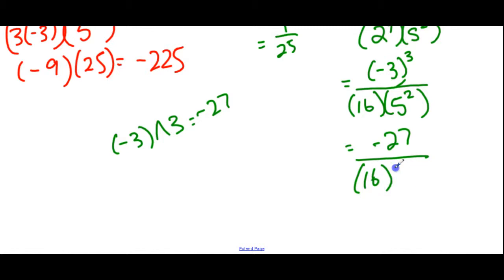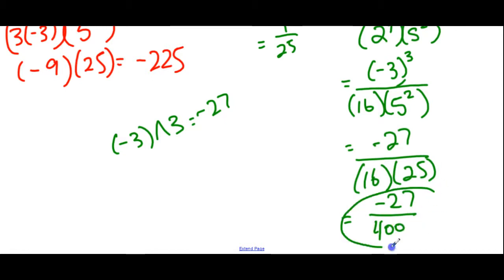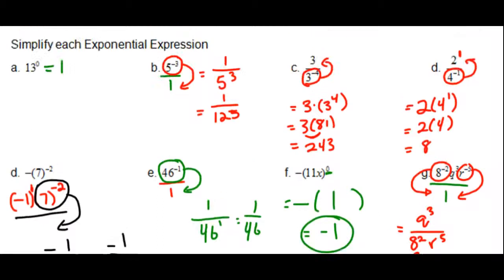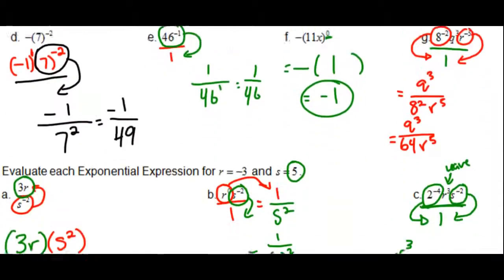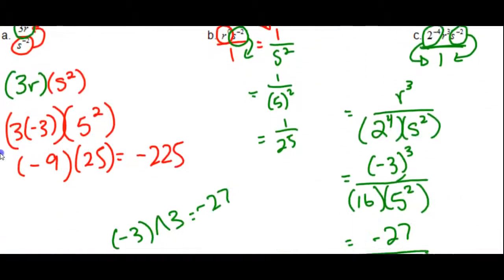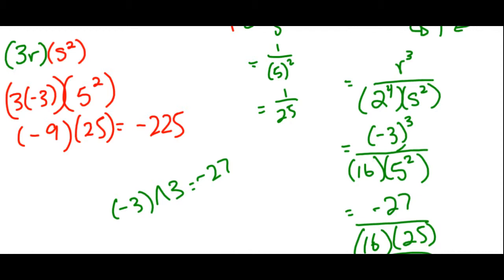On the bottom, 16 times 25. Let's simplify that one more time, and that becomes 400. Alright? So that's your answer. So again, if you guys didn't understand it, I went over all of these. Go back, rewind, pause, write it down, do whatever you can to understand this. Alright?